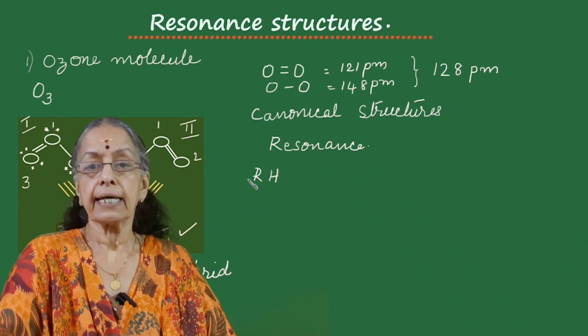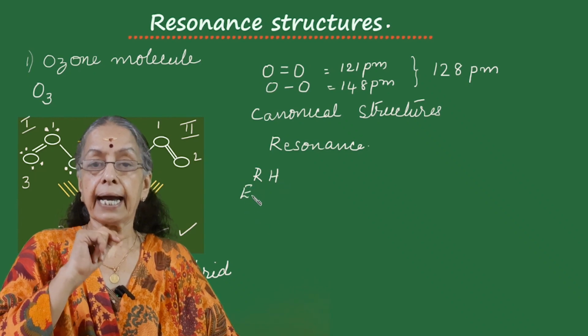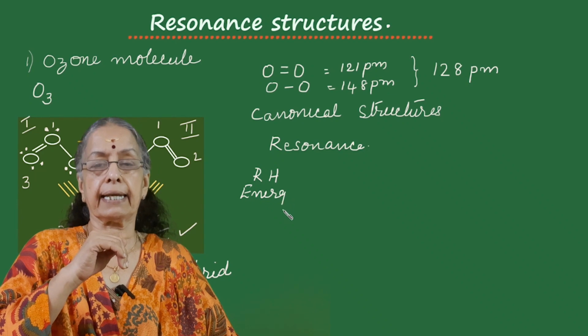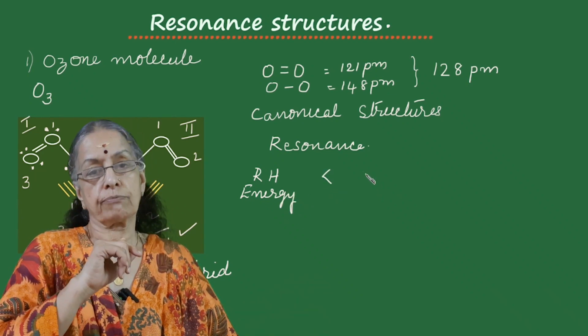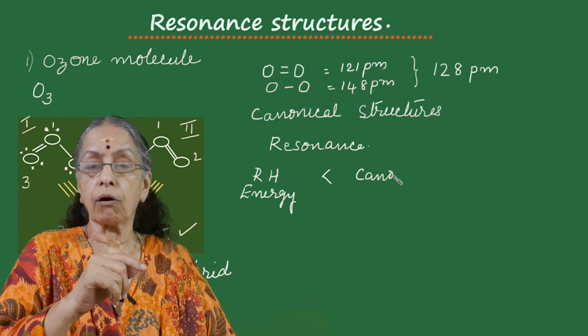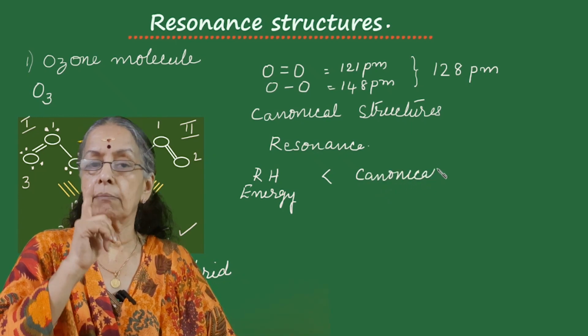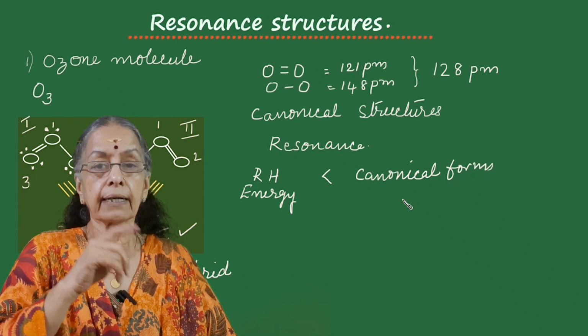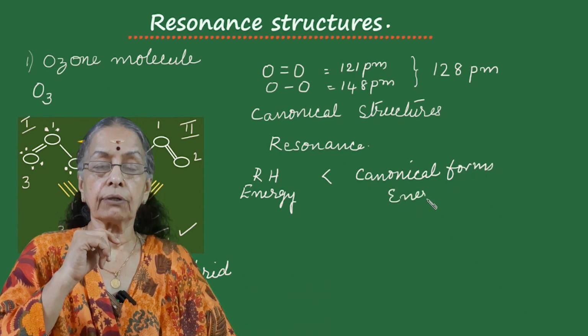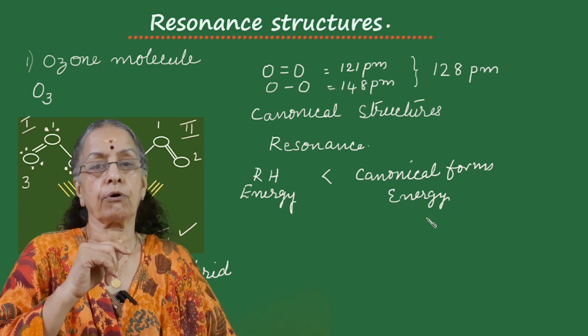The reason is the resonance hybrid has a lower energy level when compared with the canonical forms. So the energy of the resonance hybrid, I will mark it as RH, is lower than the energy of the canonical forms.